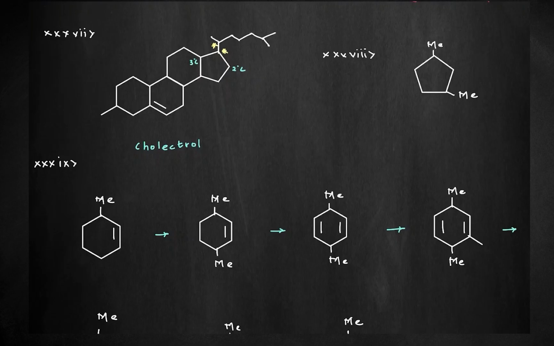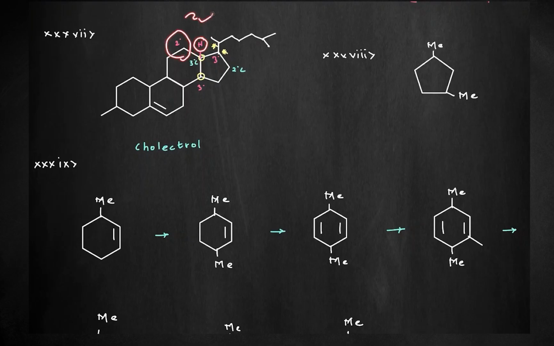Okay, now look at this. This is CH2, eliminate, CH2, eliminate. Again this is CH2, eliminate, CH2, eliminate. Clear? Now look at this particular position and this particular position. Okay, so this will have hydrogen. Here is the tertiary carbon, here is the secondary carbon, here is the tertiary carbon. Okay, so here hydrogen plus secondary, 2 different things.